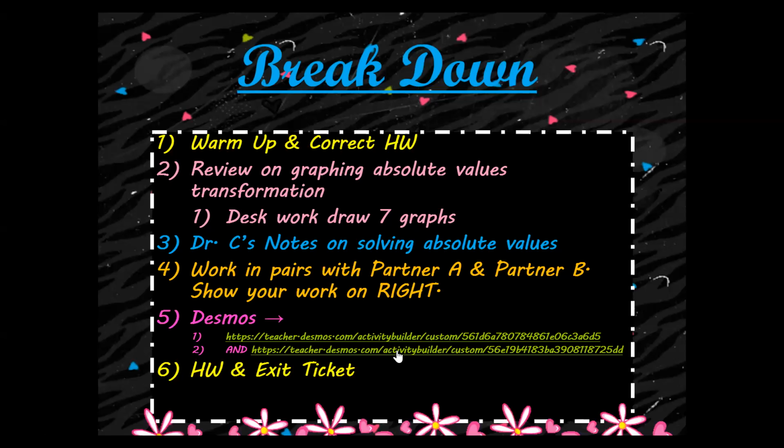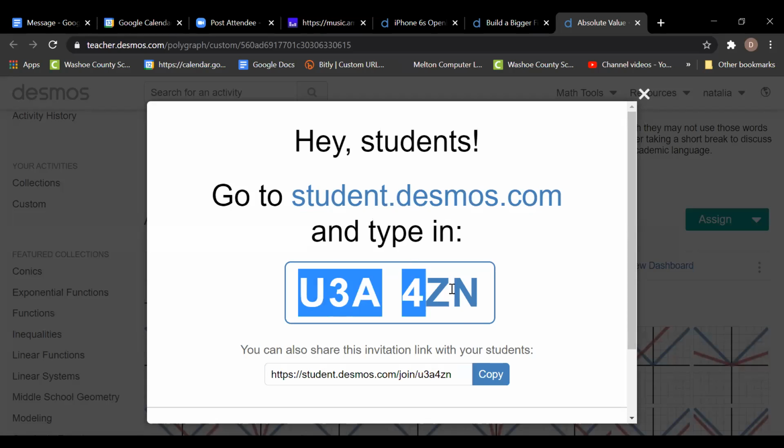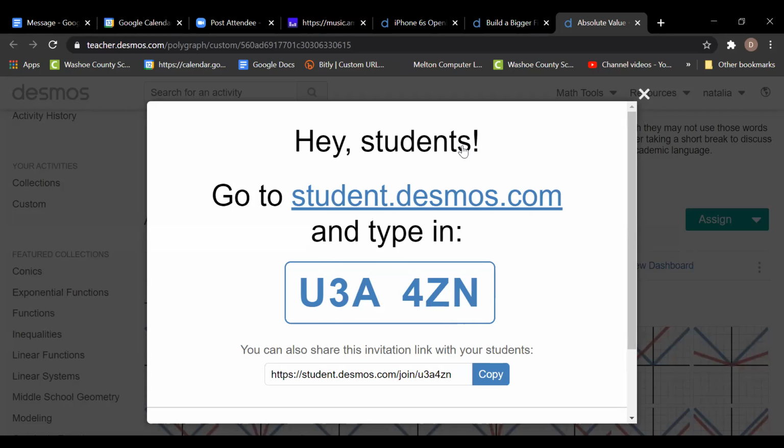Okay, you guys. So what you're going to do is go to student.decimals.com. And once you get there, you're going to type in the code U3A4ZN to take a look at the graphing of absolute values.